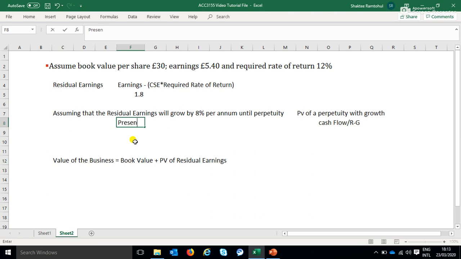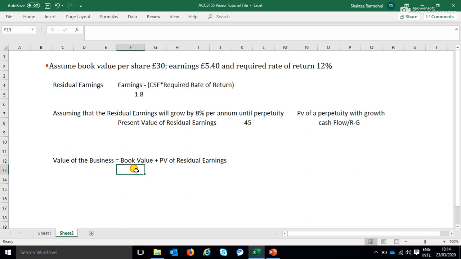The present value of residual earnings equals cash flow 1.8 divided by 0.12, that's our required rate of return, minus 0.08, that's our growth rate, and that gives us a present value of 45.